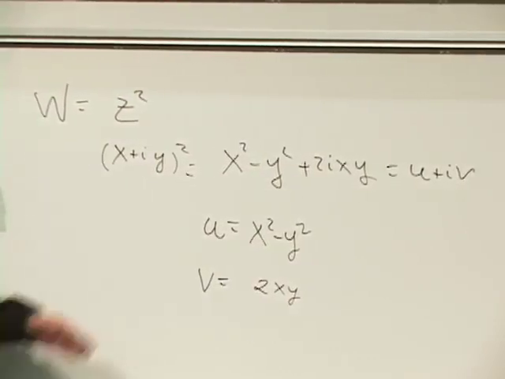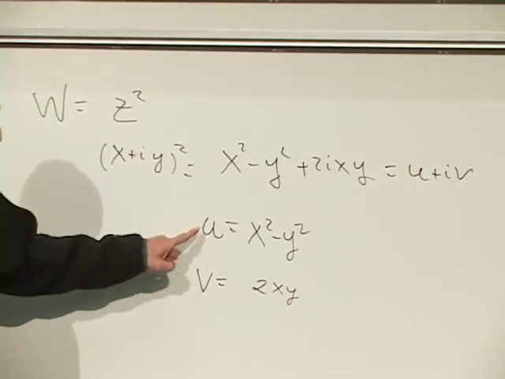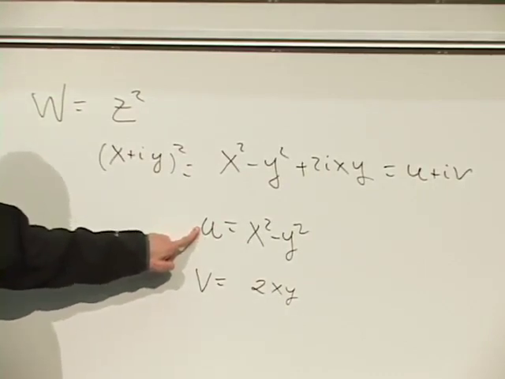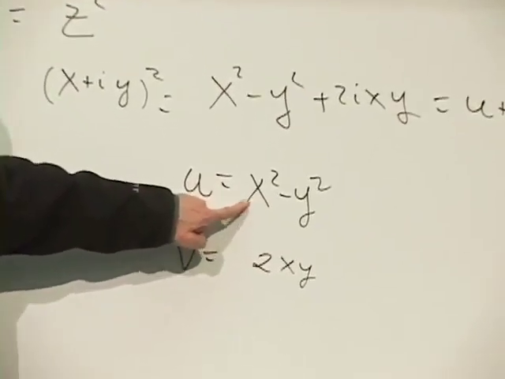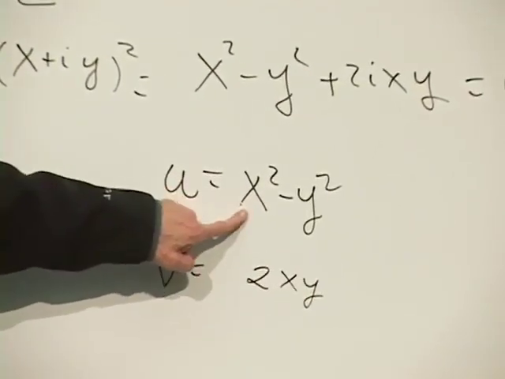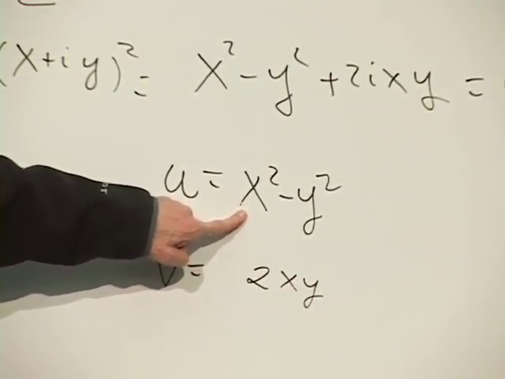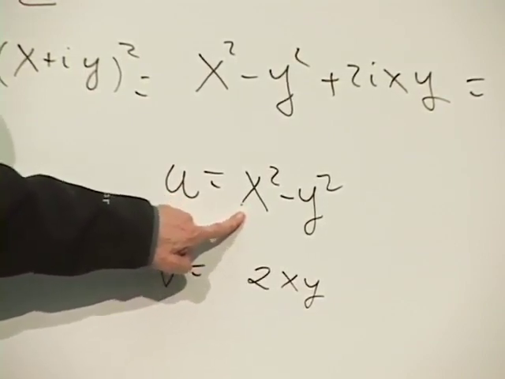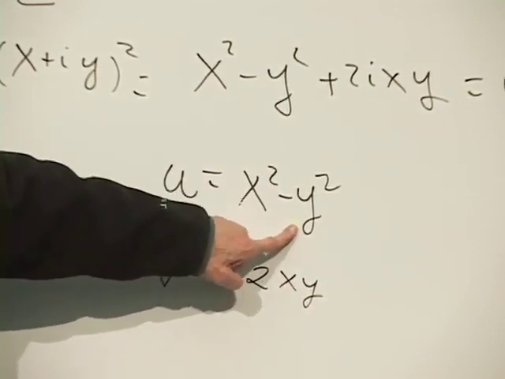Okay, let's check whether these satisfy Laplace's equation. Laplace's equation says the second derivative of u with respect to x squared, what is that? It is 2. Second derivative of u with respect to y squared? Minus 2.